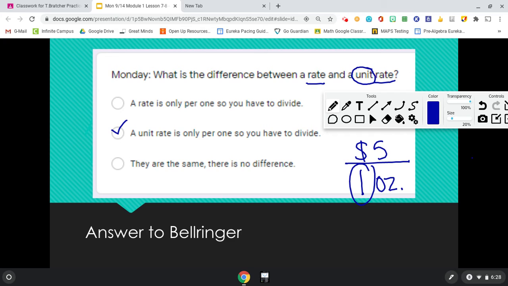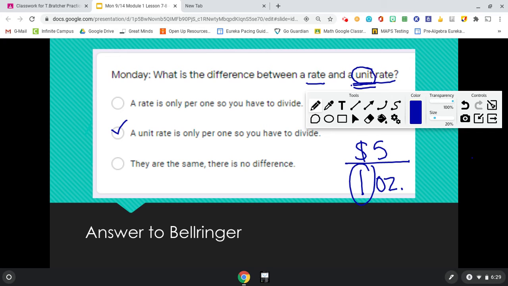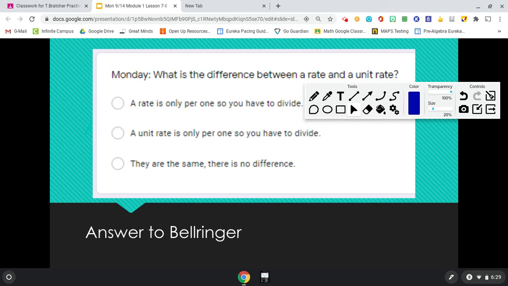So you have to divide to get that answer unless it already has 1 on the bottom. Again, that word unit means 1, and it's also the same thing as our constant of proportionality that we've been talking about. So we are actually going to be doing a lesson today. We're going to go through the lesson together as notes, and then we're going to be doing a Padlet at the very end of class, so I will show you where that is.